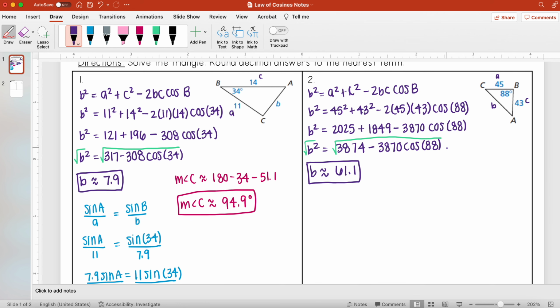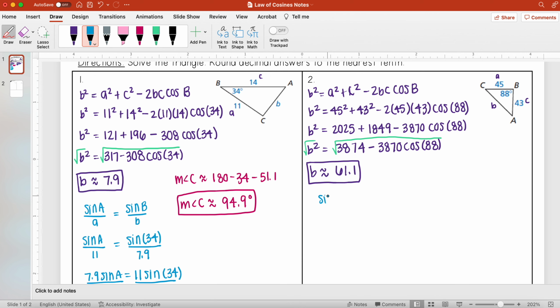Okay, so now from here I can find my angle measures A and C, and I can use my law of sines for that. Since I know both the side and angle for B, that is going to be part of my proportion. And so now I can just find what these angle measures are. This time I'm going to start with angle C, just to do something a little different.